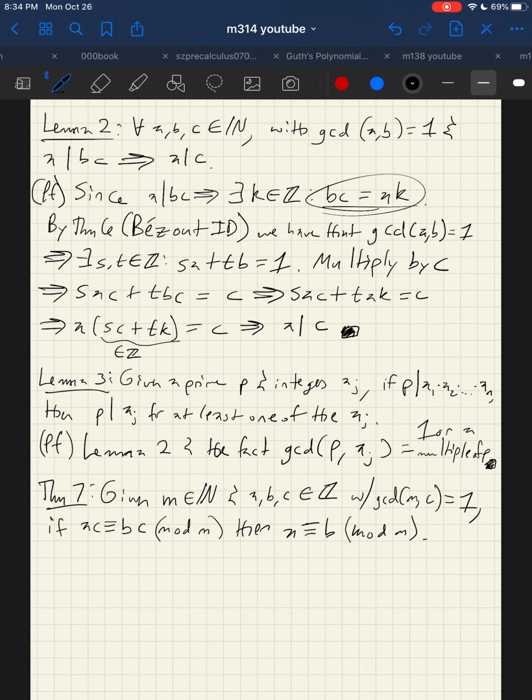Now, there's a pretty straightforward proof of this, but instead of giving you a complete proof, I'm going to write down a little table to show you how to apply this lemma 2 to get a proof. So the basic idea is I'm going to set M from this proof to be A from lemma 2.